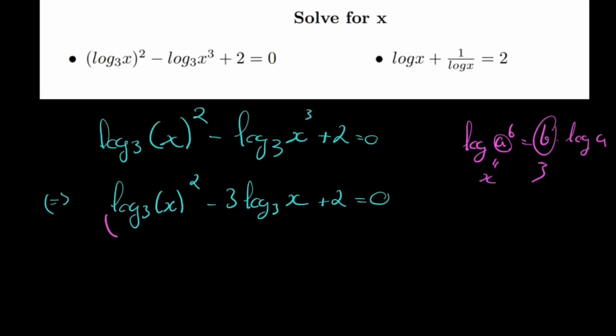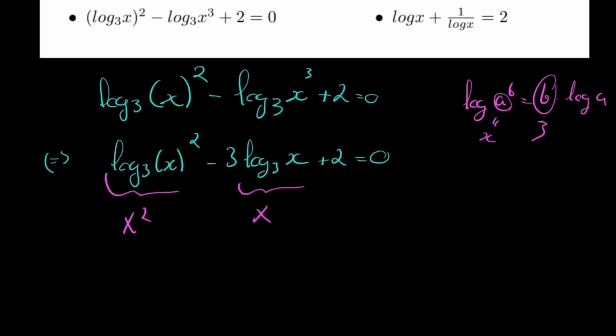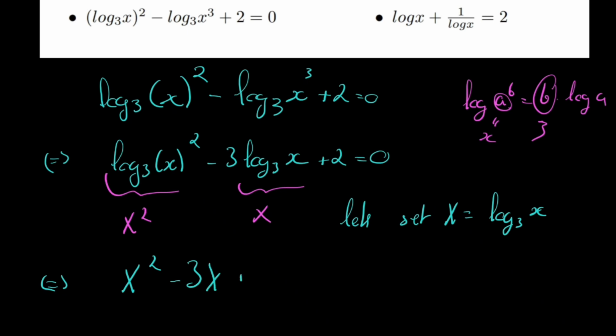Since we have the same thing inside the logarithm twice, let's set capital X equal to log 3 of little x. This gives us the equation capital X squared minus 3 capital X plus 2 is equal to 0.